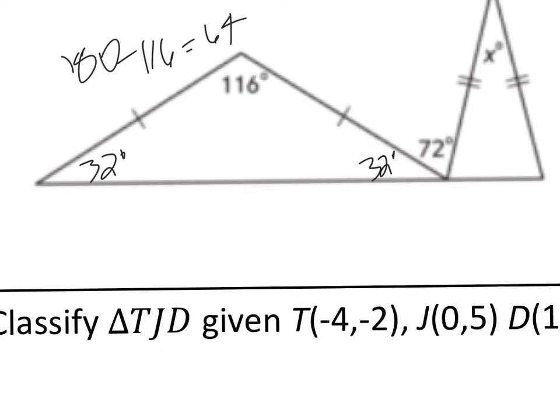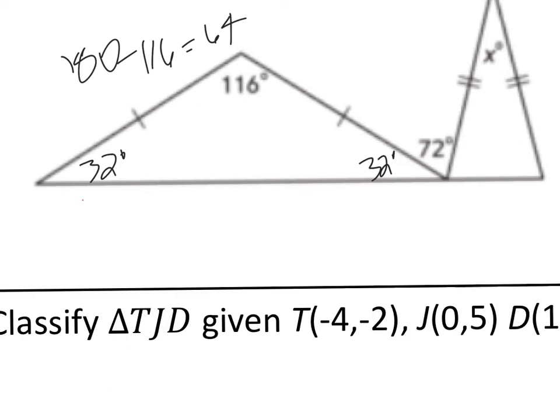Alright? And then this 72 angle is very important because 32, 72, and this angle right here are all sharing a straight angle line. So they all add up to 180. Alright?